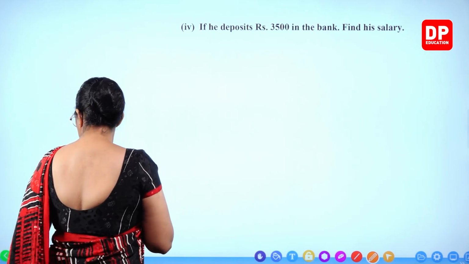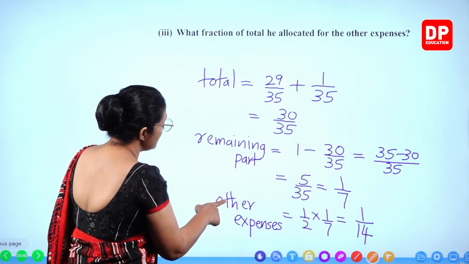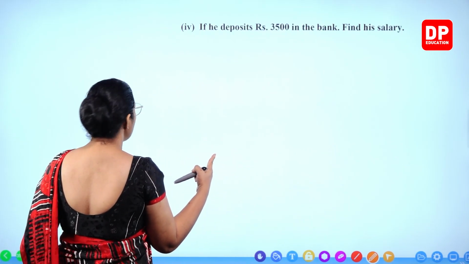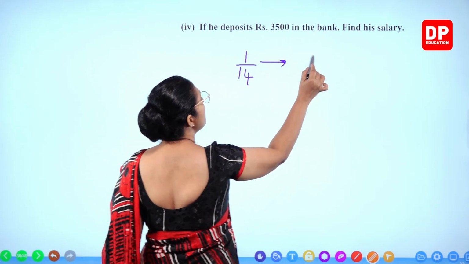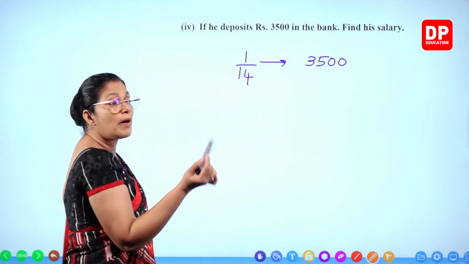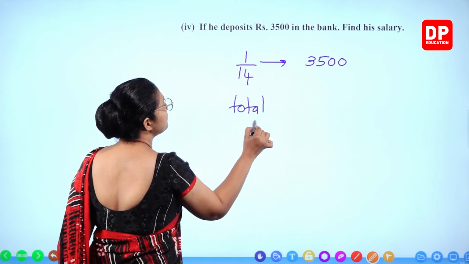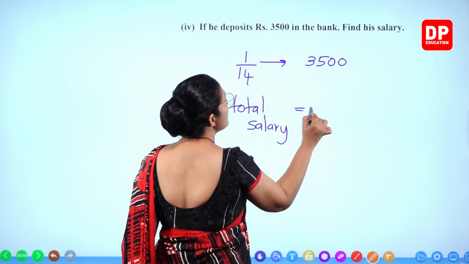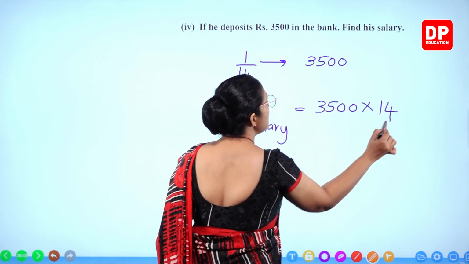So same parts, he is depositing. Other expenses is 1/14, so that's the same amount. 1/14 means 3,500. So what is the total amount? You have to multiply this by 14. So the total salary is equal to 3,500 into 14.